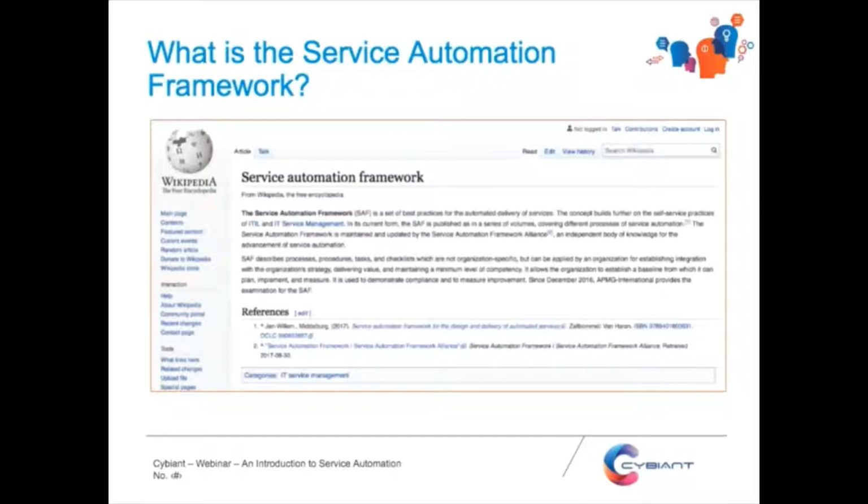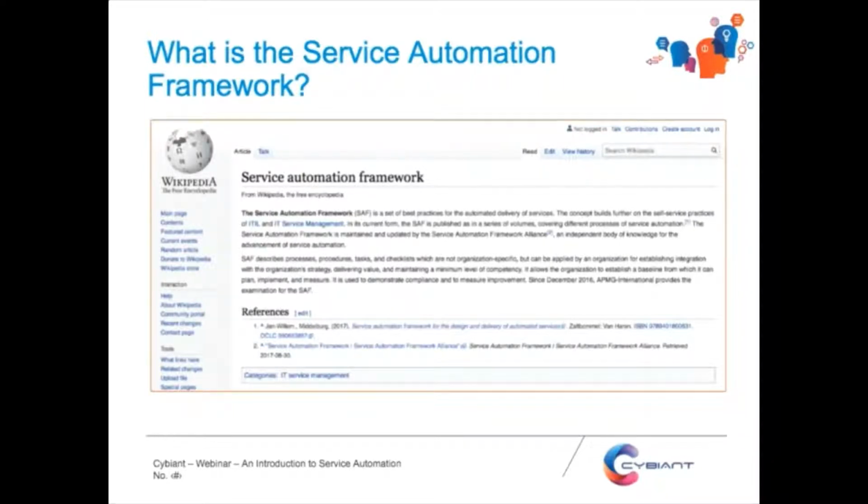It really builds further on existing self-service practices in ITIL and IT service management. So it's kind of like an extension to that. The only difference is that this framework focuses completely and only on the automated delivery of services. So what are the steps that you need to take in order to get through that? That's what we discuss in the service automation framework.